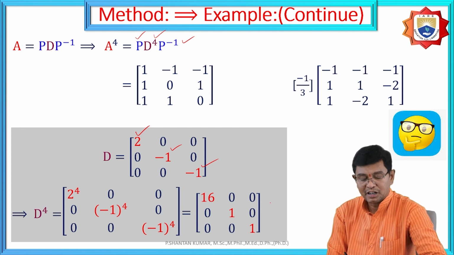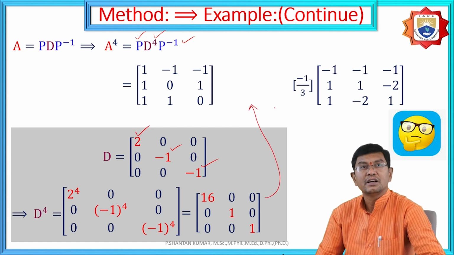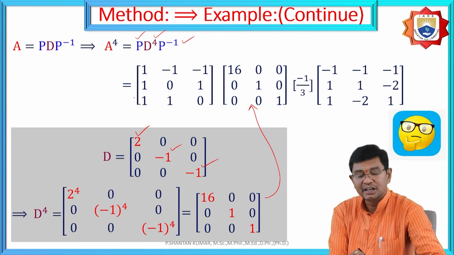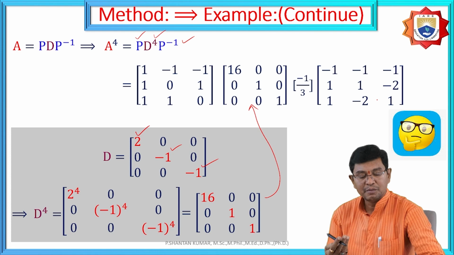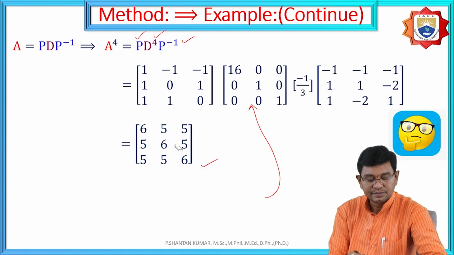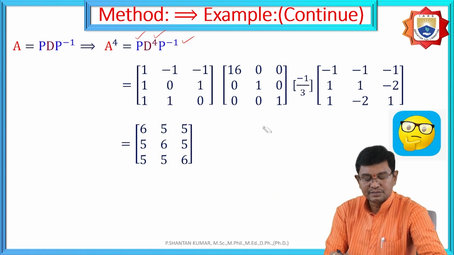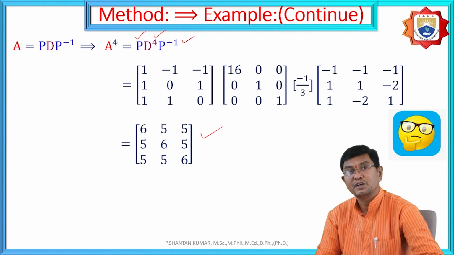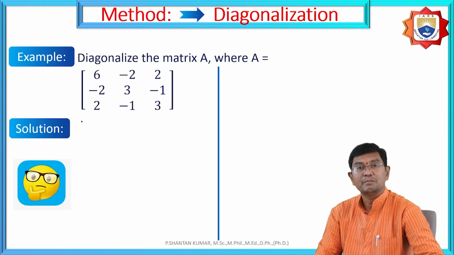This particular matrix can be replaced as the D power 4 matrix. And again, by using the product of these three, after the total simplification, the matrix A power 4 is this matrix: 6 5 5, 5 6 5, and 5 5 6 is the final matrix.